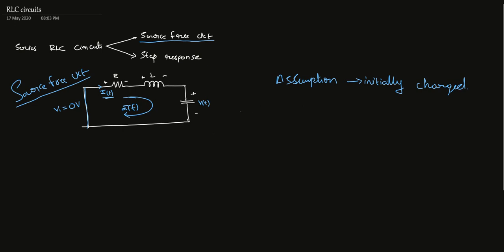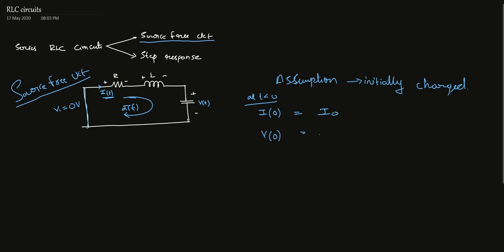Let us take some initial values of the inductor and the capacitor. Initially the inductor is fully charged, so it has some current at t less than 0, which we take as I naught. Similarly, the capacitor also has some initial voltage, because it stores energy in the electric field.